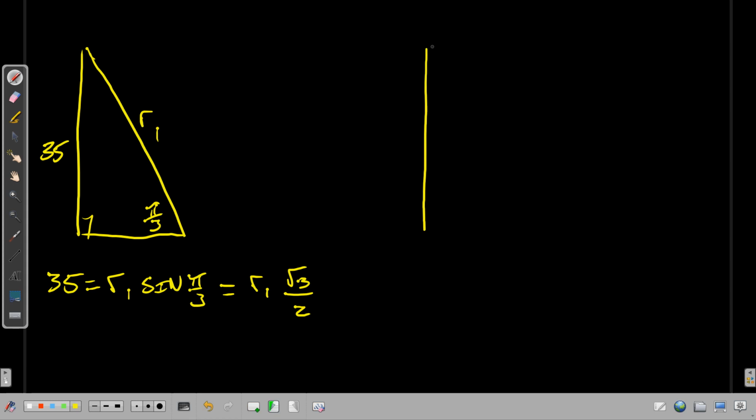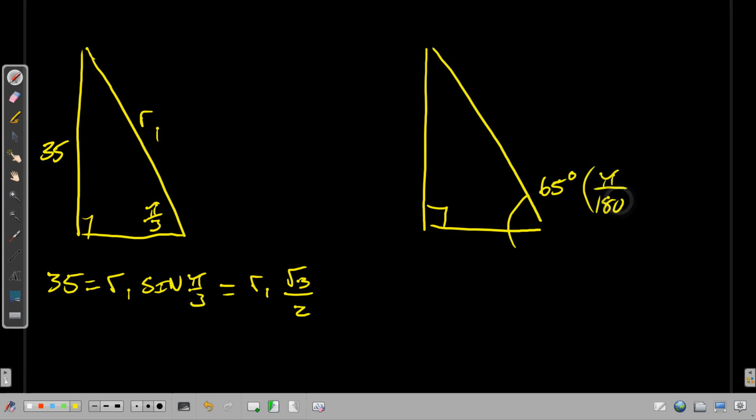The next triangle is still a right triangle, but then this angle here is 65 degrees. So then in radians, that'd be times pi over 180 degrees. Okay, 65 divided by 180 is 13/36.